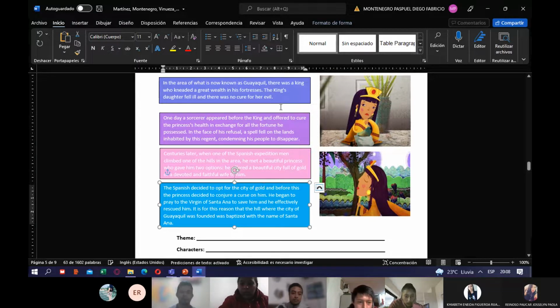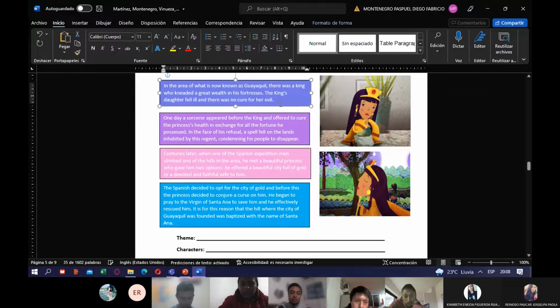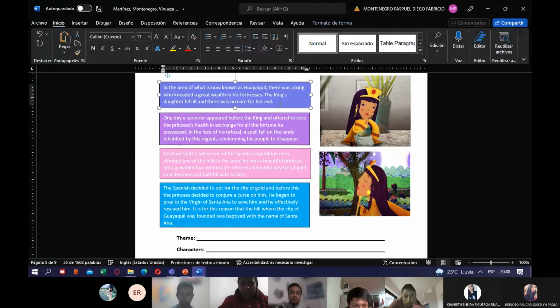What do you think, Gabet? What is the third paragraph in our legend? I think that the third paragraph is the pink box.